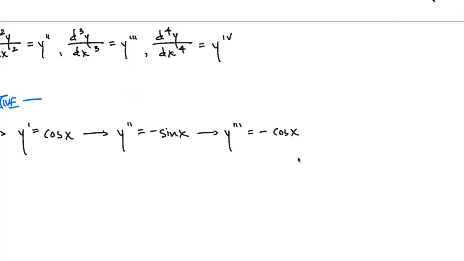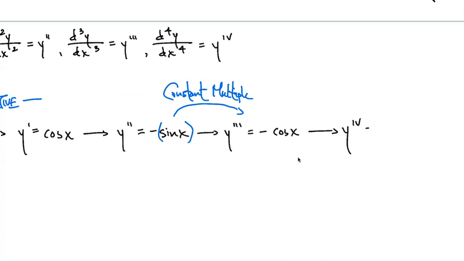All right, then it might be helpful for us to think about this as like a -1 times sine, and then we can use our constant multiple rule. Okay, so we're almost there. We've got 1 more to go. Y, the fourth derivative, what do we have?